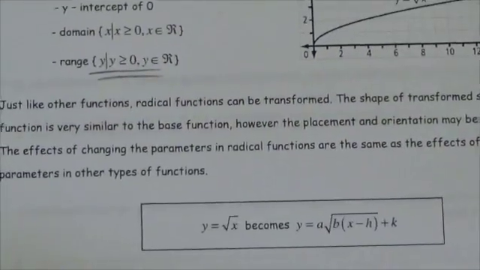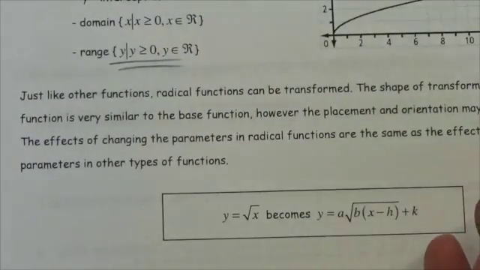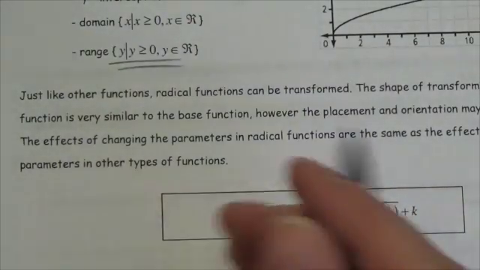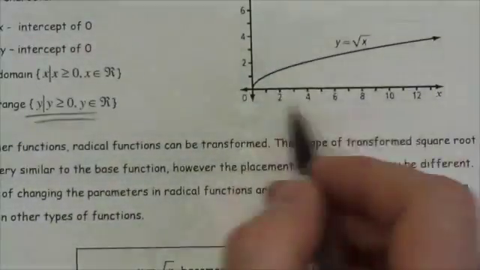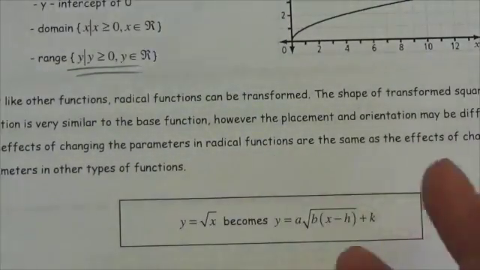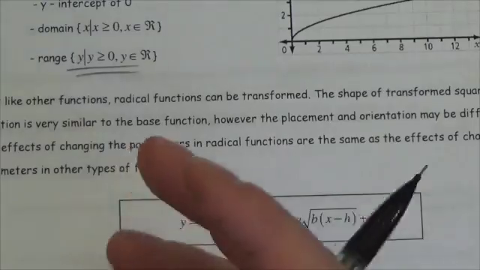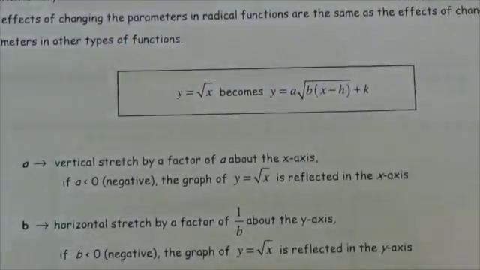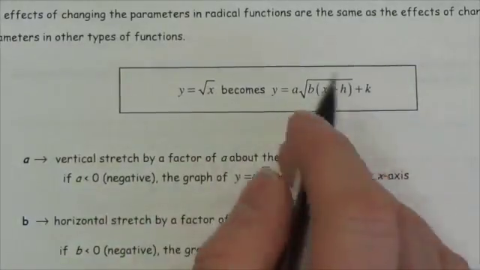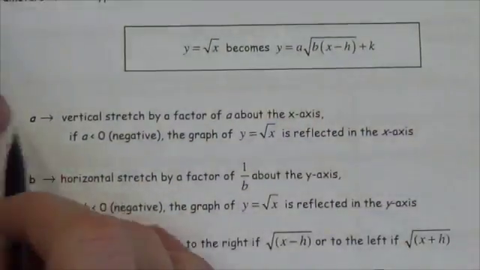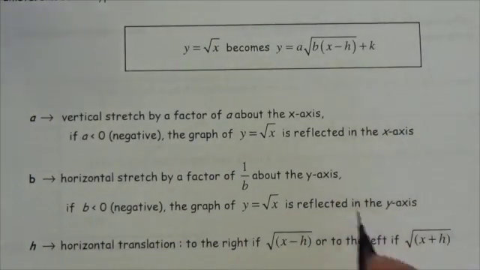Now, just like other functions, you can transform a radical function. Bear in mind that this is our base function, but everything we looked at in the previous few lessons about transformations applies here. Here's our general set of transformations. A is responsible for the vertical stretch or reflection.